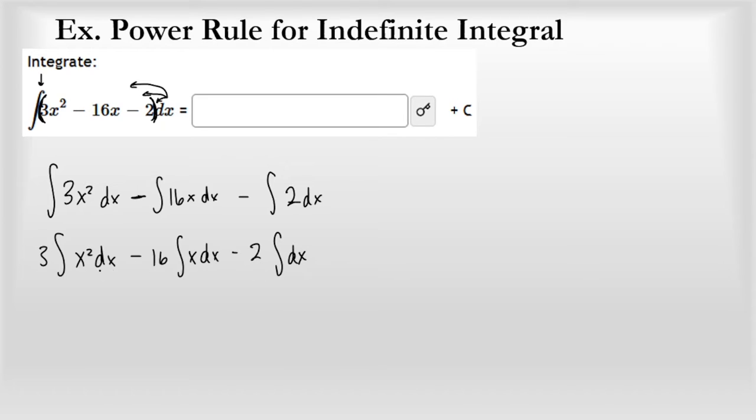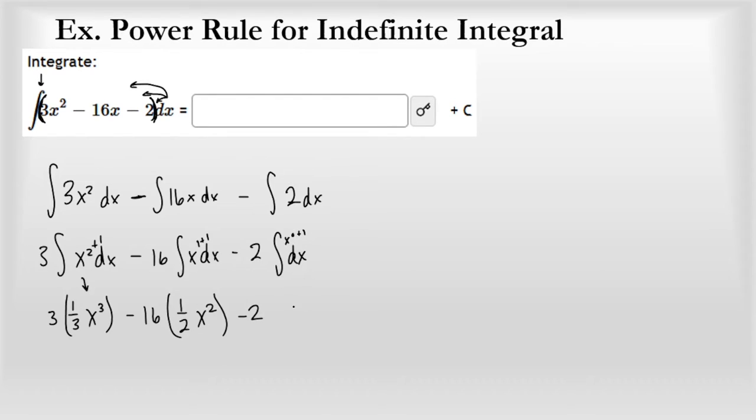So I'm going to go ahead and take the integral of each one of these terms. I'm going to add +1 to the 2, so I'm going to get x cubed. I'm going to have to divide by that new exponent. I'm going to remember there's a 3 out front. Okay, so that's the result of that integral. I get minus 16. 1 plus 1 is 2, so I get x squared, and I have to divide by that new exponent. Minus 2, remember I have an x to the 0th here.